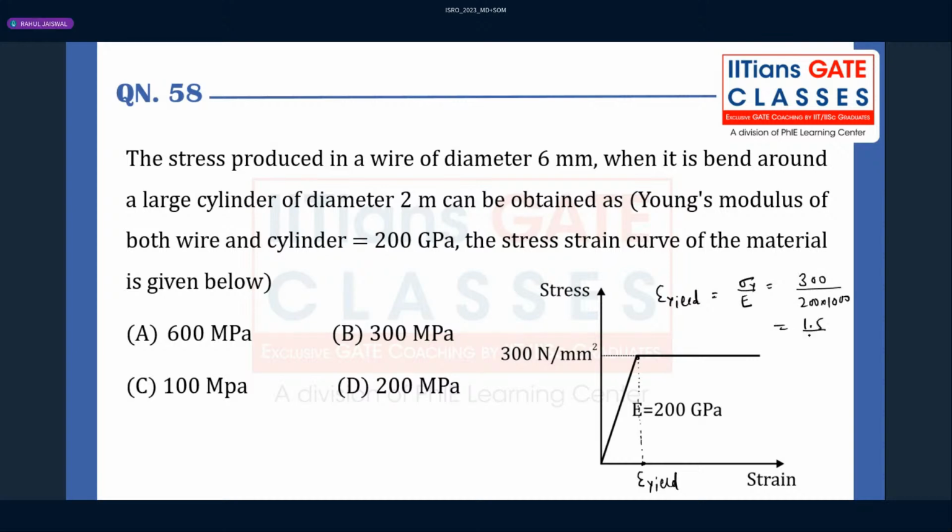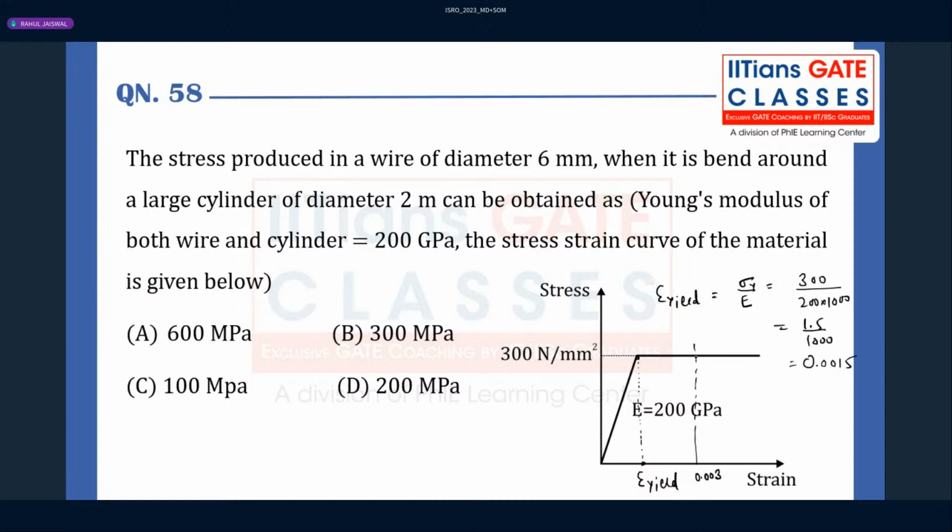So that is 1.5 divided by 1000, so that is 0.0015. And the value you got is somewhat double of that, that means 0.003.